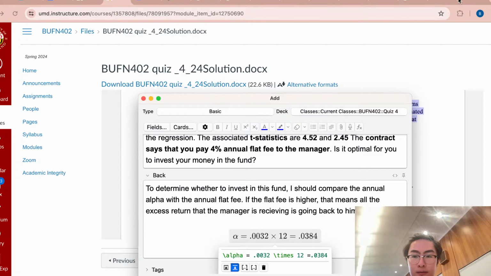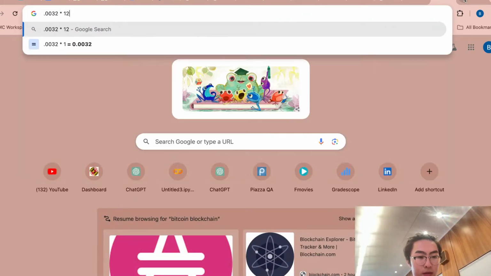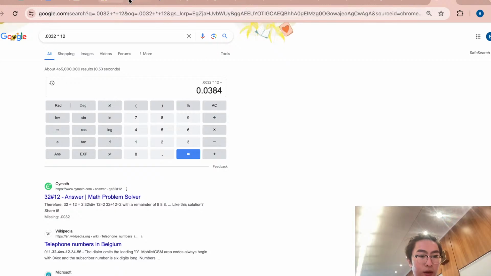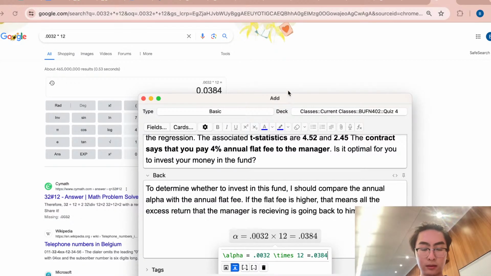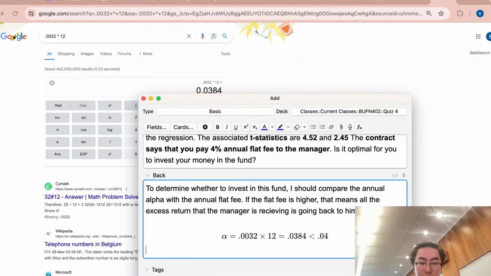Let's see, 0.0032 times 12. Okay, nice, which is less than 0.04. Because the annual alpha is less than.